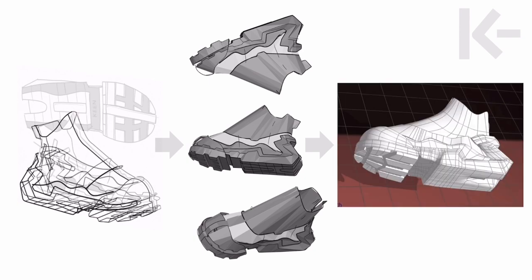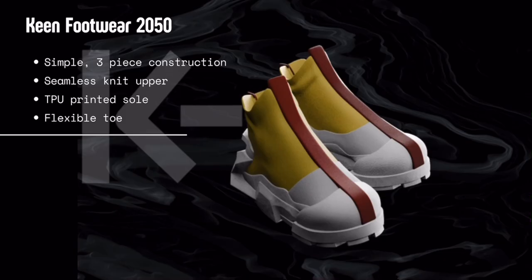I am proud to introduce Keen Footwear in 2050, K-. This line of consumer footwear is a simple 3-part construction with a seamless knit upper and a fully automated printed construction. With 3D scanning and a custom midsole combined with unique mechanical joining of the components together, this allows for easier end-of-life disassembly.